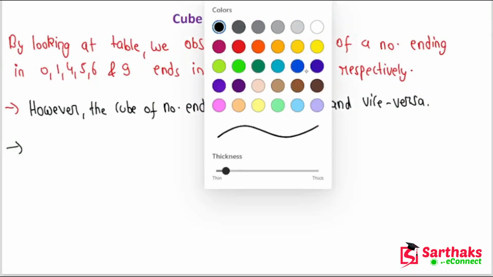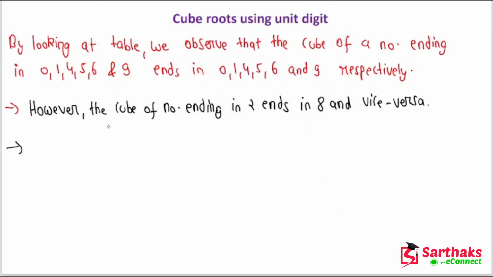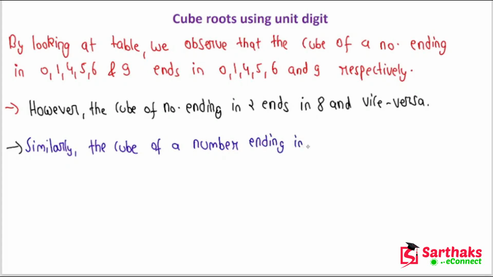Similarly, we have the next point which says, similarly, the cube of a number ending in 3 or 7 ends in 7 or 3 respectively.